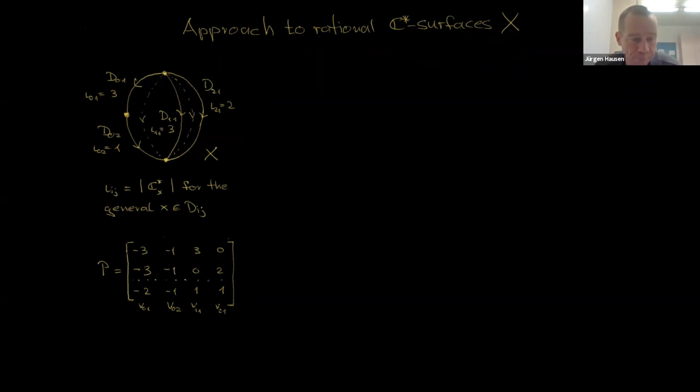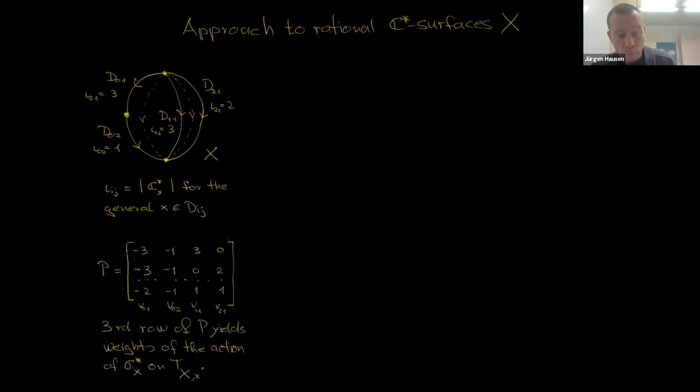And then below these numbers 3, 1, 3, and 2, we find some other numbers. From these numbers, you can extract the weights of the action on the tangent space.